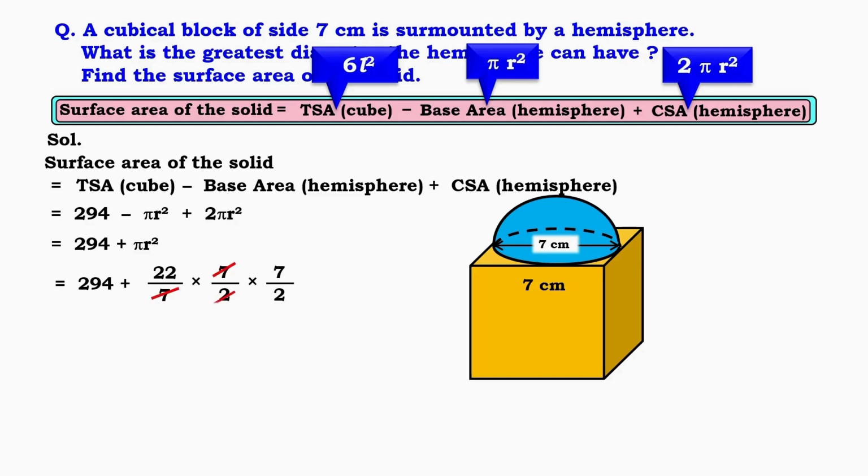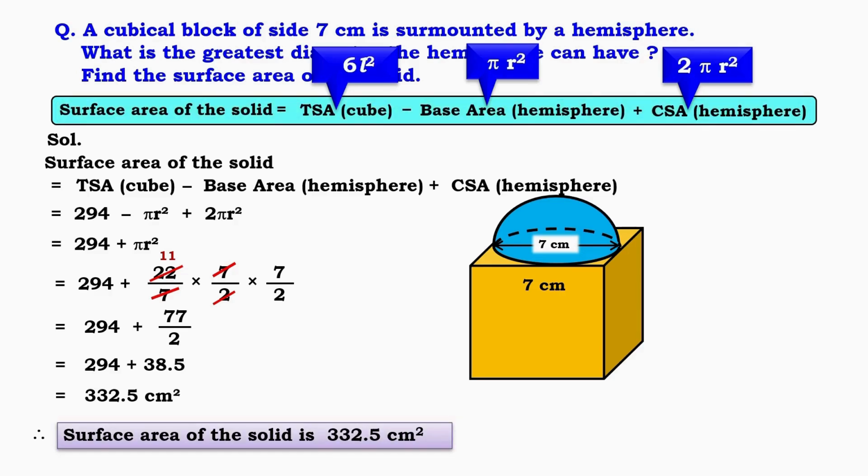So let us do the division over here. So it is coming 77 by 2, so that is 332.5 centimeter square. So this is the surface area of the entire solid, including the cone as well as the hemisphere. Okay. So that is the entire solid surface area.